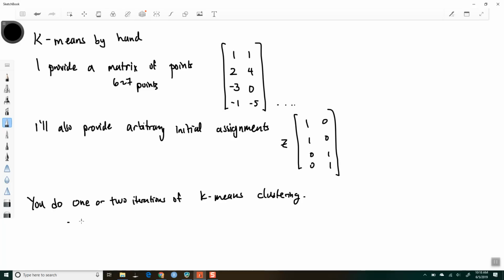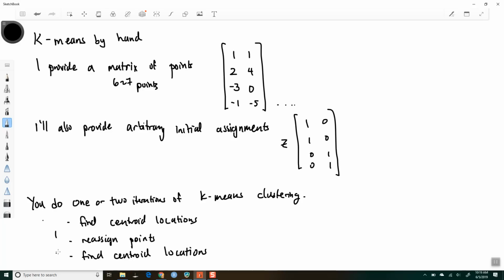So that will be what? Find centroid locations, and then reassign points. And then maybe find centroid locations. So this is iteration 1 and iteration 2. Find centroid locations and then reassign points.